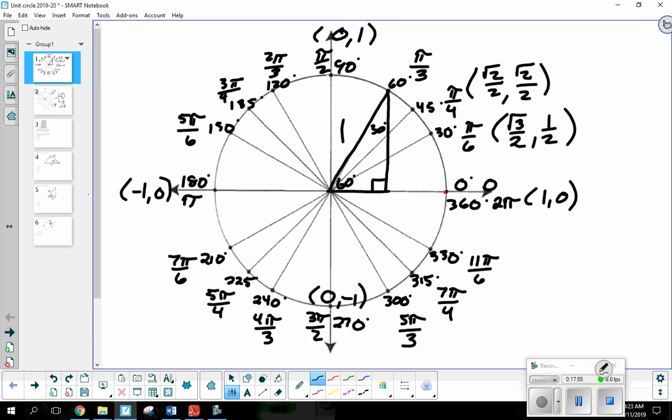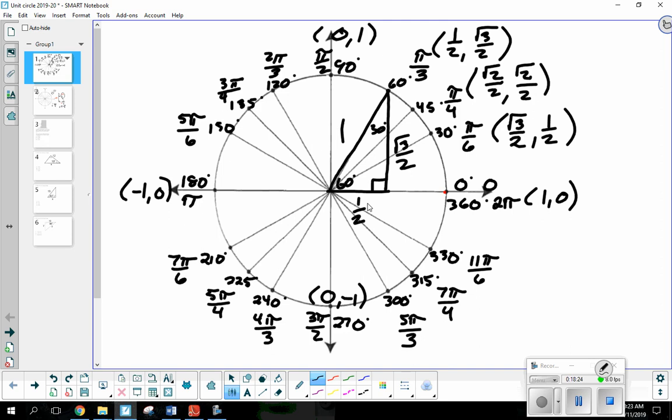That hypotenuse has a length of 1. What's across from 30? 1/2. What's across from 60? Square root of 3 over 2. So using those legs of the triangle, what's the coordinate at 60 degrees? You'd go 1/2, square root of 3 over 2. Everybody's seeing how I'm doing this?